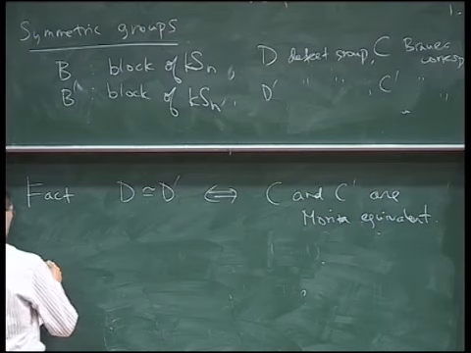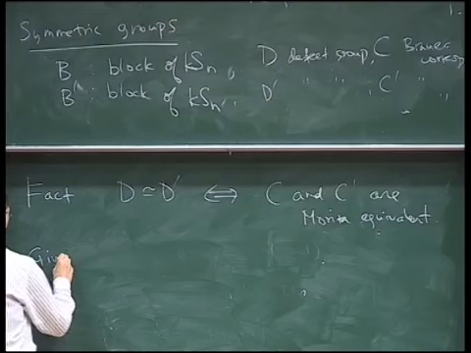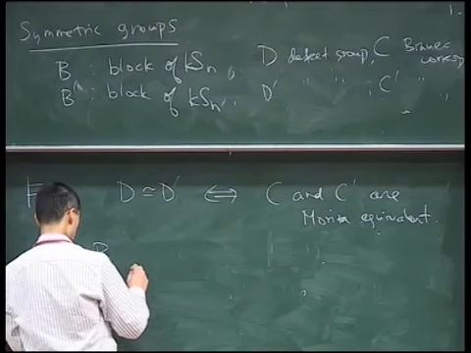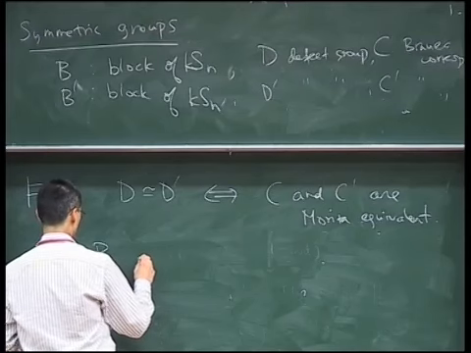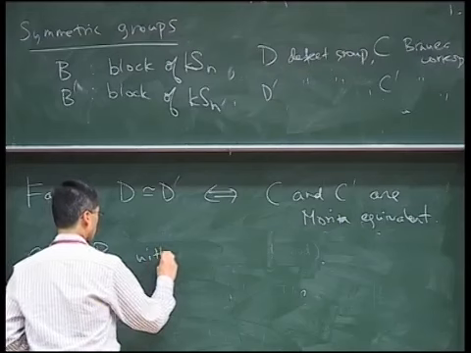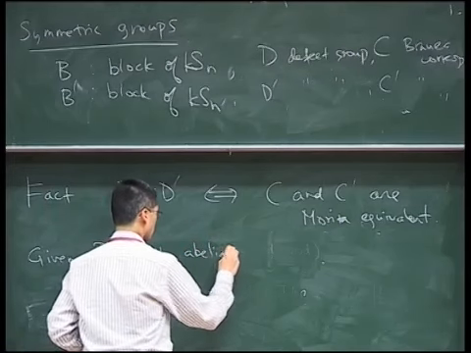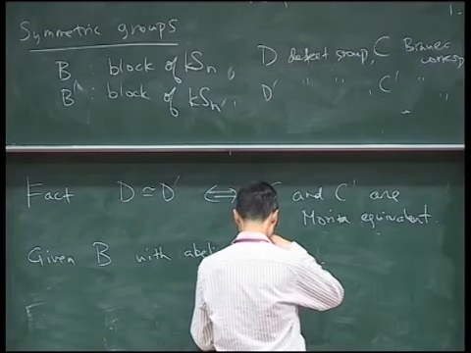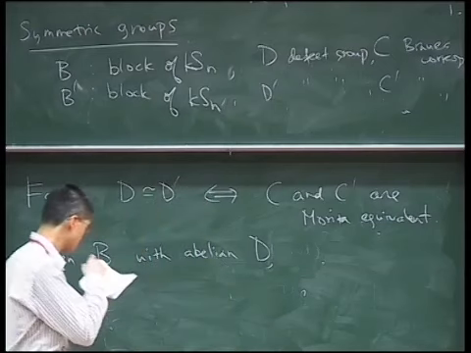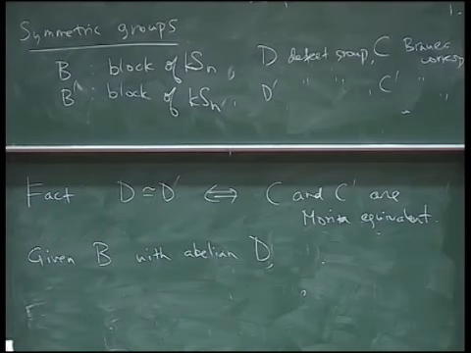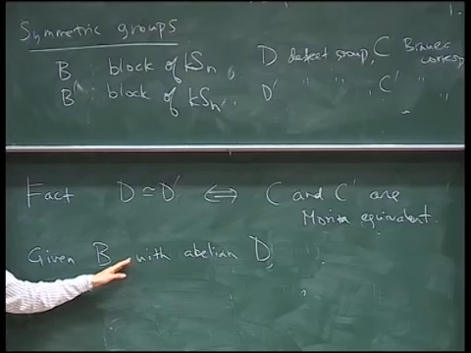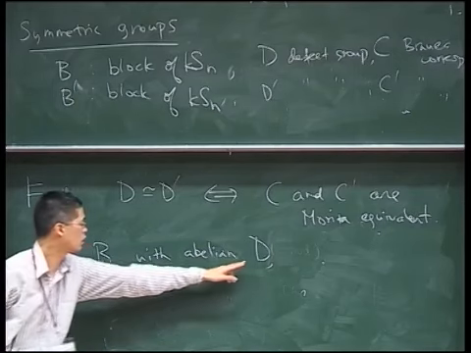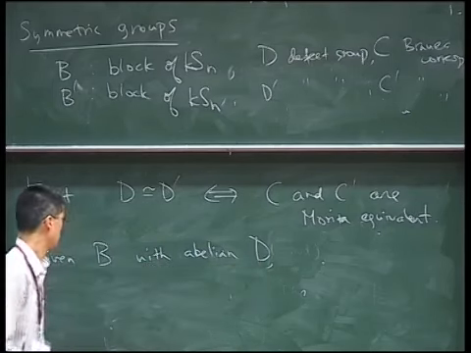Okay, so given a block B which has abelian defect, it's always possible to prove Broué's conjecture, not for B, but for another block with the same defect group.